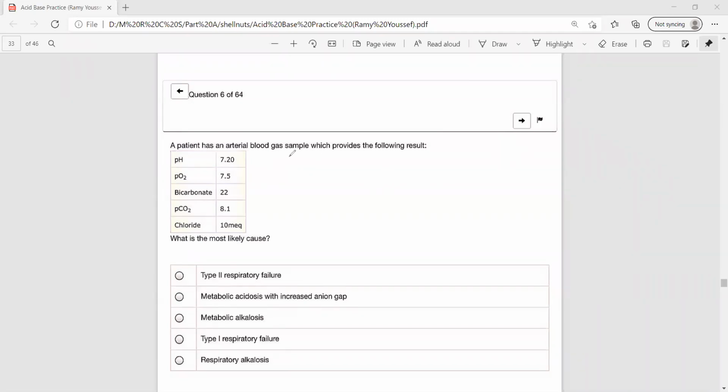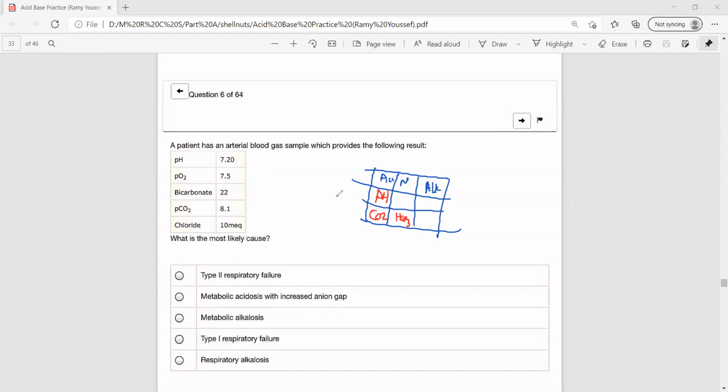Very important new question as well. Okay, so if we draw the table, pH is low, so it's acidotic. CO2 is high, so it's acidotic. Bicarb is normal.